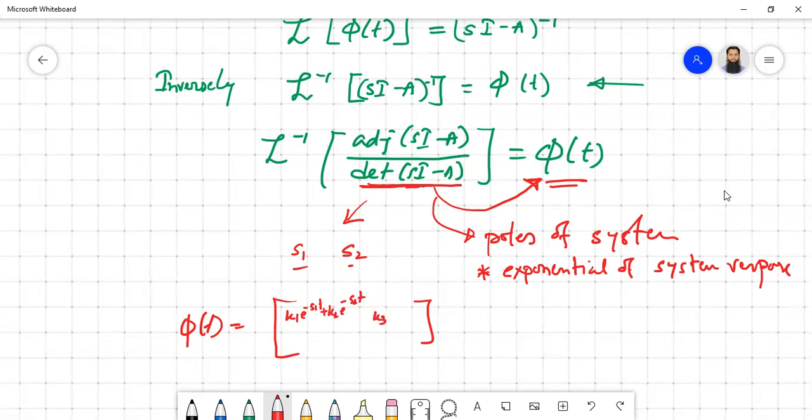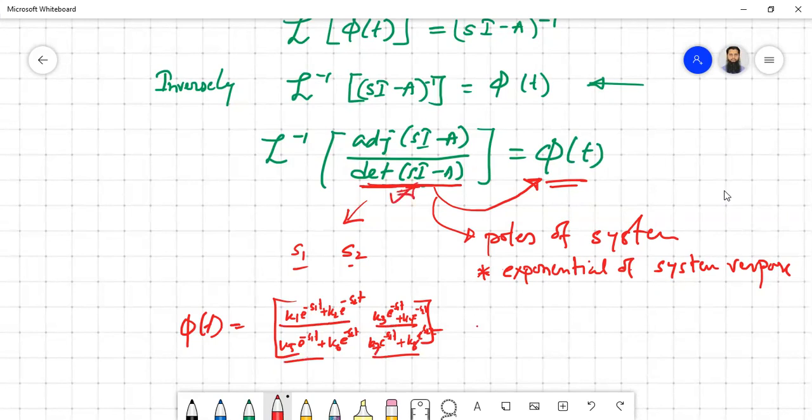Then this one is K3 e to the power minus s1 t plus K4 e to the power minus s2 t, then K5 e to the power minus s1 t plus K6 e to the power minus s2 t, and K7 e to the power minus s1 t plus K8 e to the power minus s2 t. So all of these elements have the exponentials.